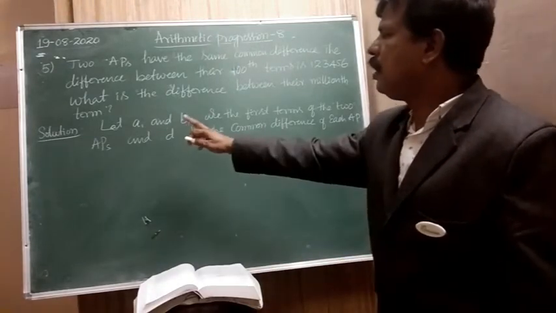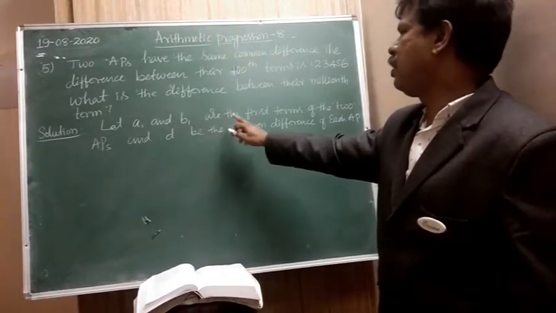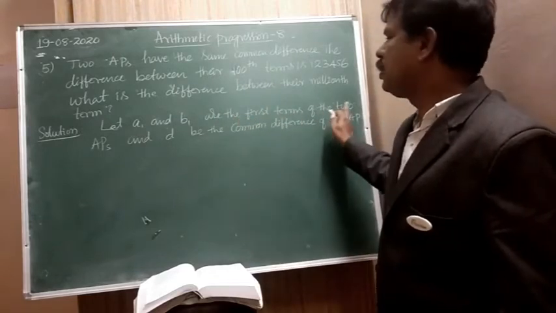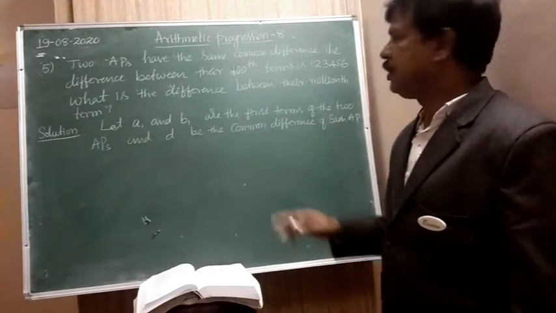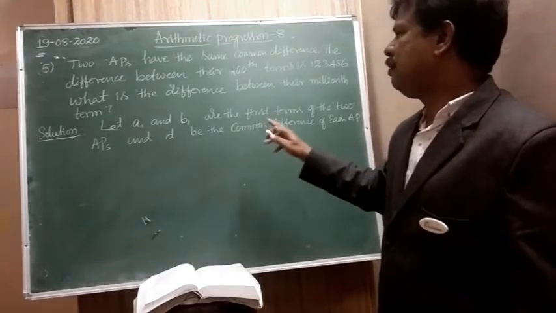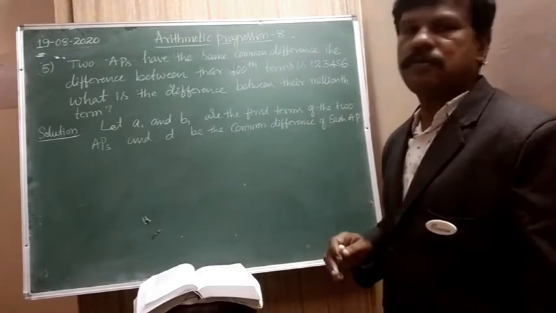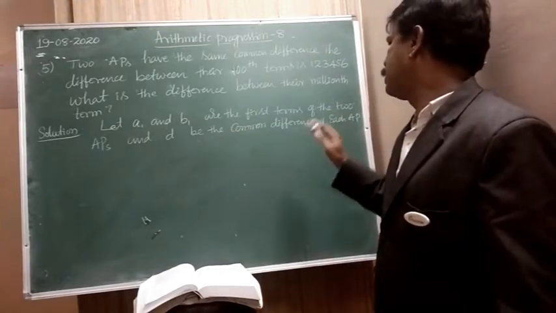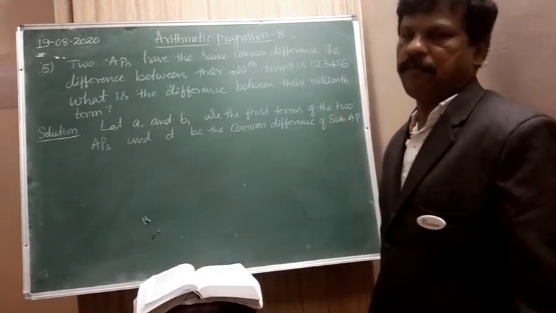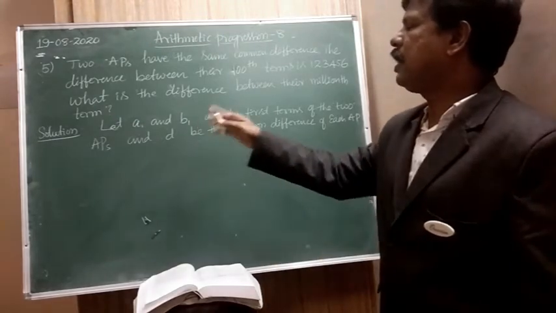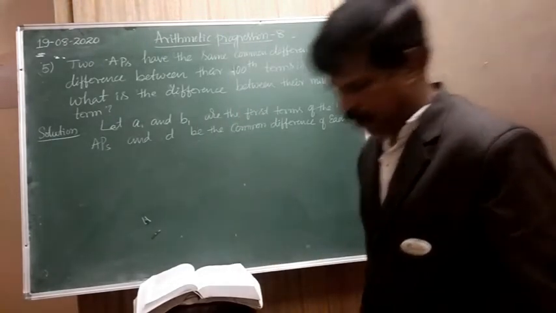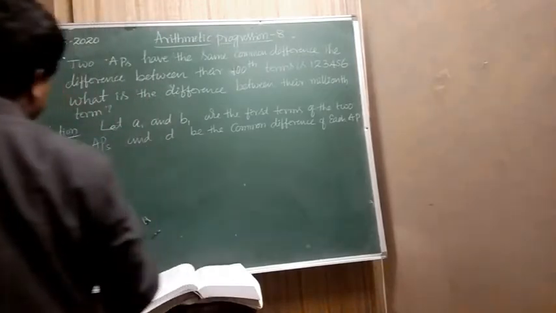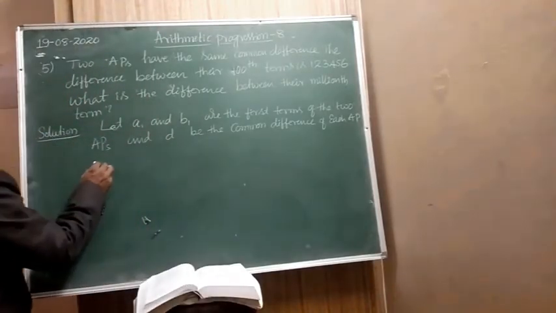Okay. Now, let a1 and b1 be the first terms of the two APs, and d be the common difference of each AP. Now we have taken a1 and b1. Therefore, let's write the nth term.